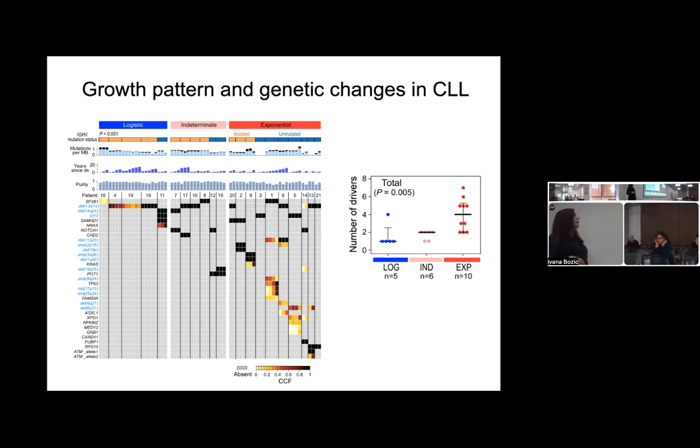So there are several interesting things that one can see here. One is that logistically growing CLLs tend to have on average a single driver mutation. Whereas exponentially growing CLLs tend to have many more, on average 4. And this is also something that we confirmed in a larger cohort.